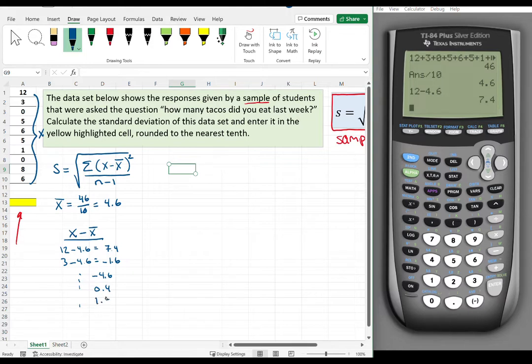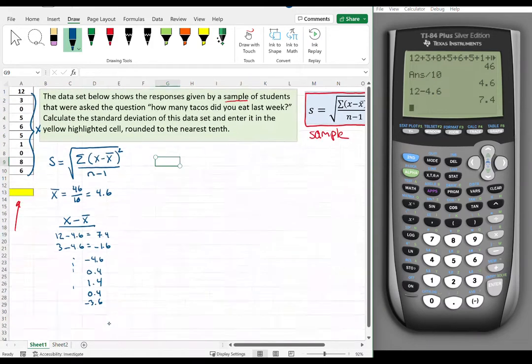Let me just give you 1.4, 0.4, negative 3.6. Let's make this a little bit smaller to get some room. Negative 4.6, 3.4, and 1.4. So I've taken each x value and subtracted the mean.